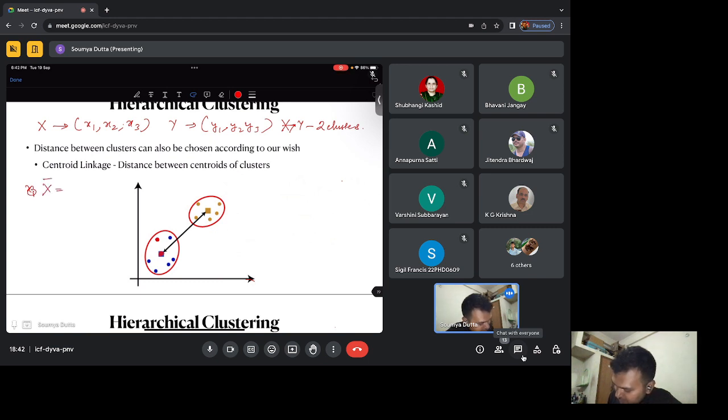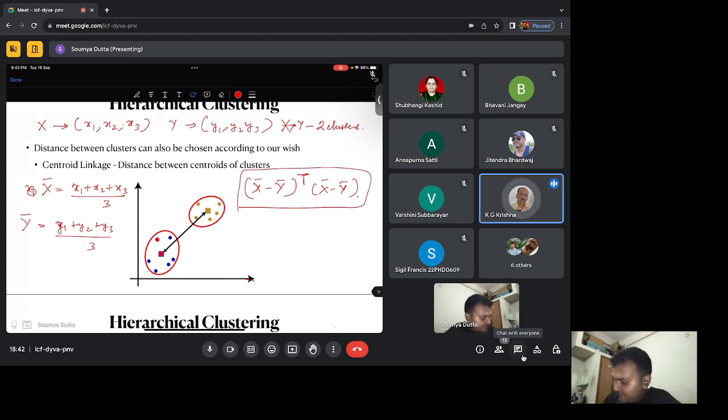The centroid of x would be x1 plus x2 plus x3 by 3. What is the centroid of y? It is y1 plus y2 plus y3 by 3, right? Yes. So x bar minus y bar, the norm of x bar minus y bar. This is the distance between the 2 centroids. Is this notation clear? Yes.